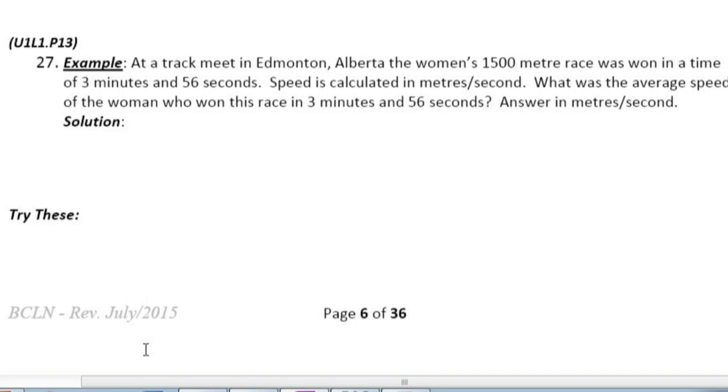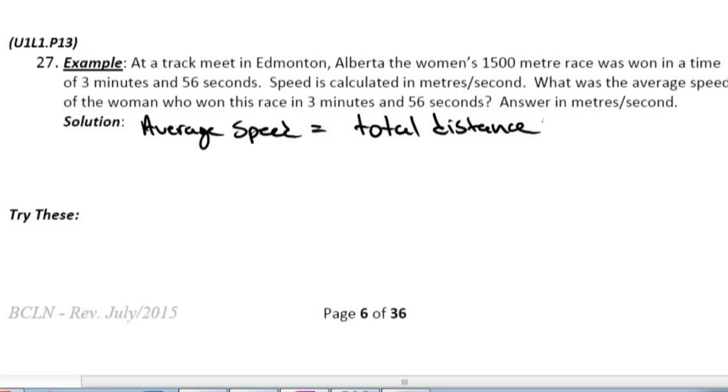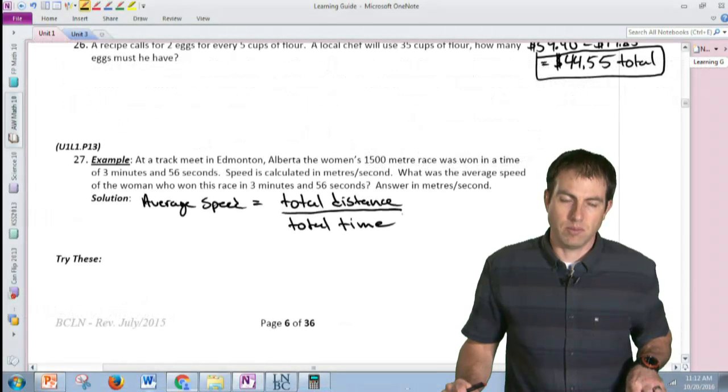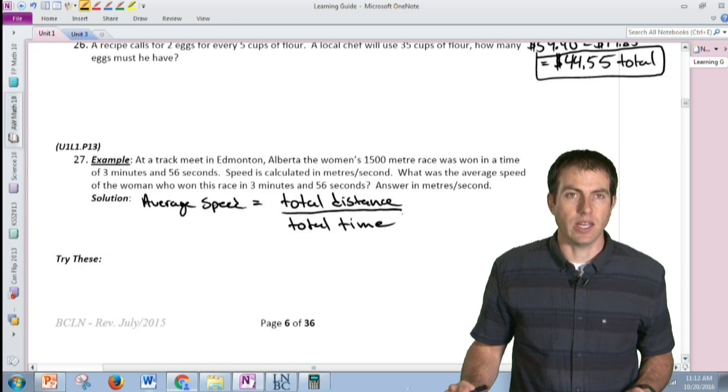They don't really tell you this, but in order to find average speed, you are going to take the total distance and divide it by the total time. Good news for you guys is that this question could be taken straight out of Science 10.